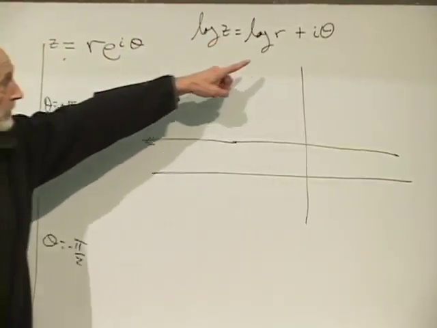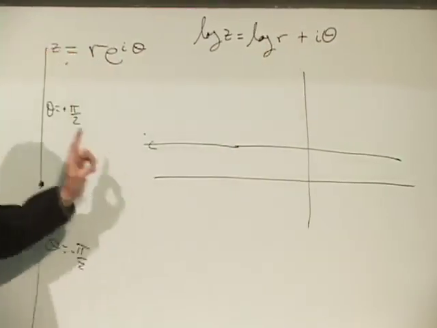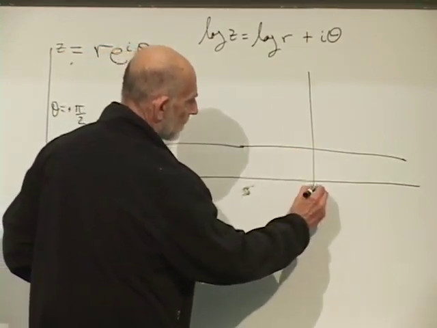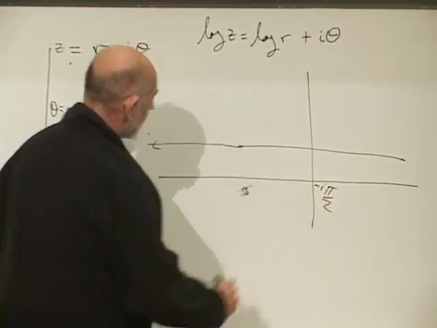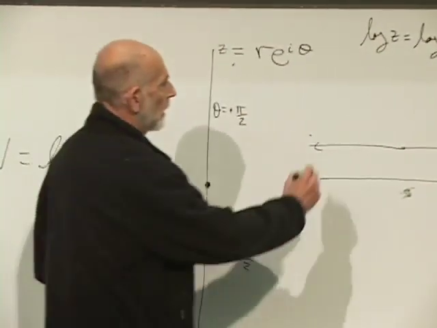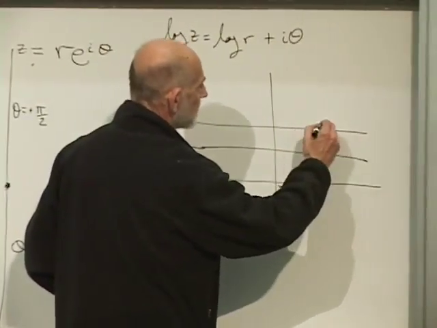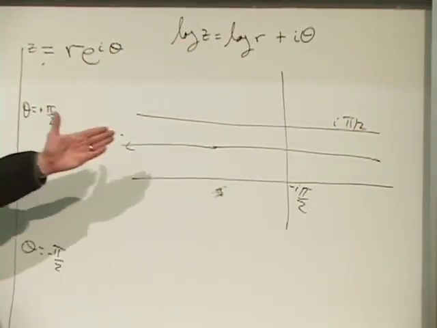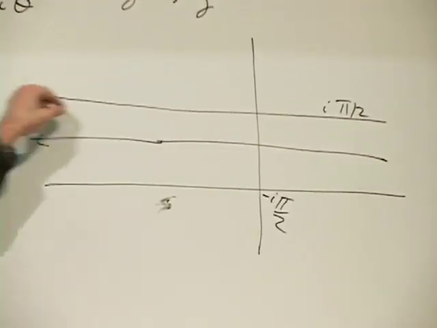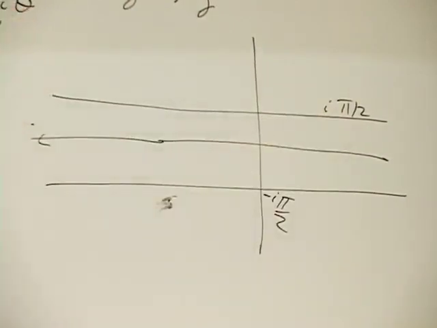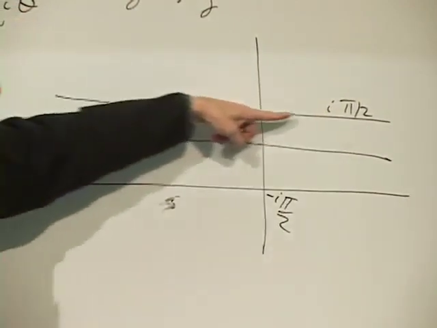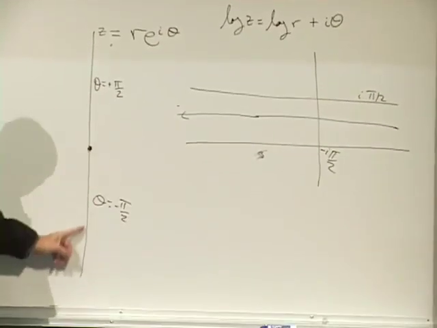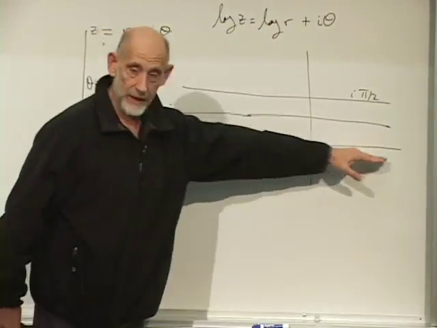Well, I theta is minus I pi over 2. Minus I pi over 2. And the upper end here goes to plus I pi over 2. An infinite line, in other words, this infinite line here gets mapped to this infinite line, and the other infinite half line gets mapped down to here.